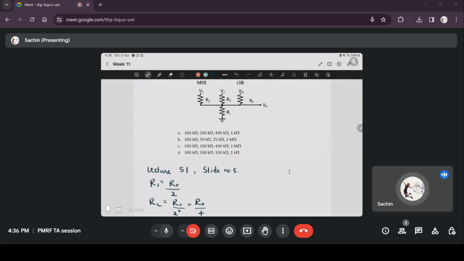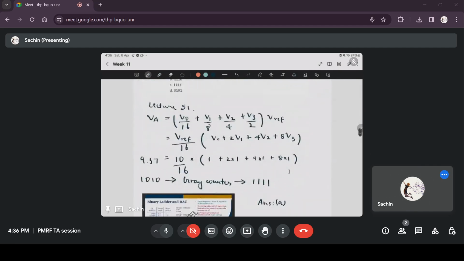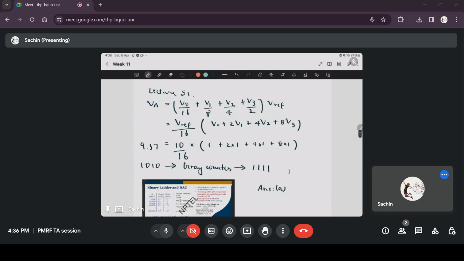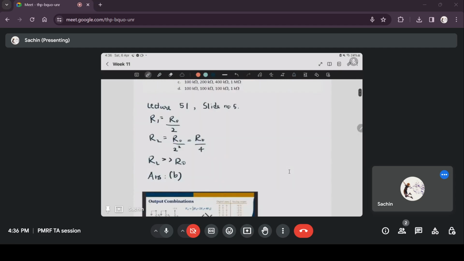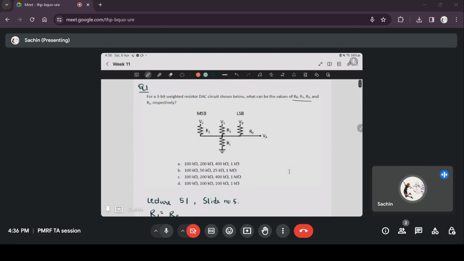So again you have powers of 2 as multipliers, and the LSB has weight 2 power 0.